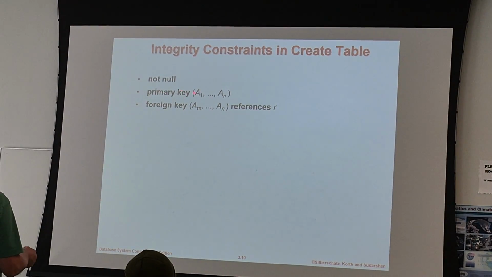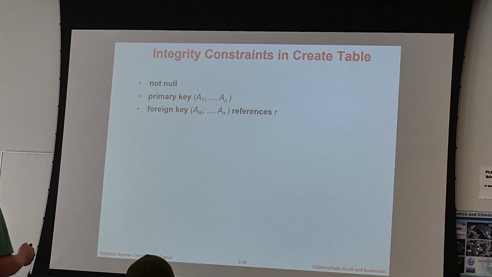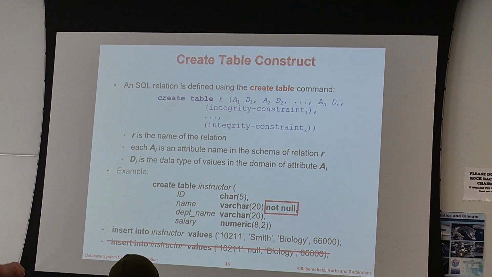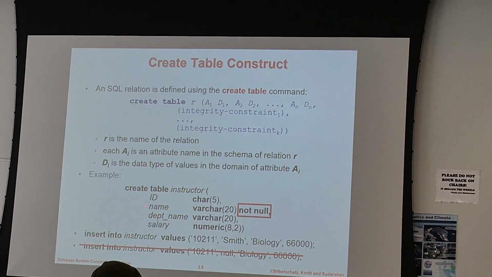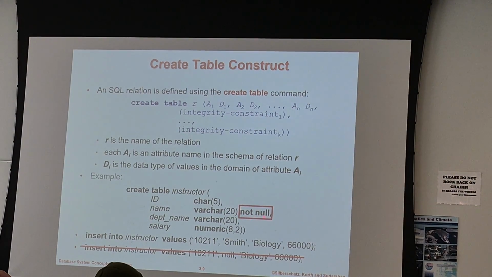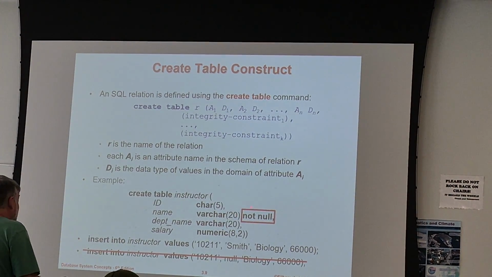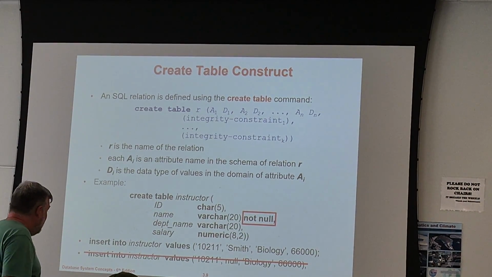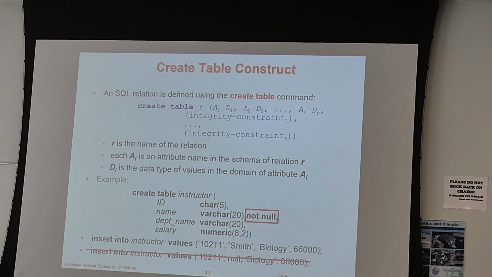And it's just going to insist that whatever field is primary key, we didn't define anything in the instructor table as primary key, but we might as well say that the instructor's name is primary key. And in that case, we would just say primary key and not null. And that would also prevent us from creating a row in that table that does not have a value in the primary key field.